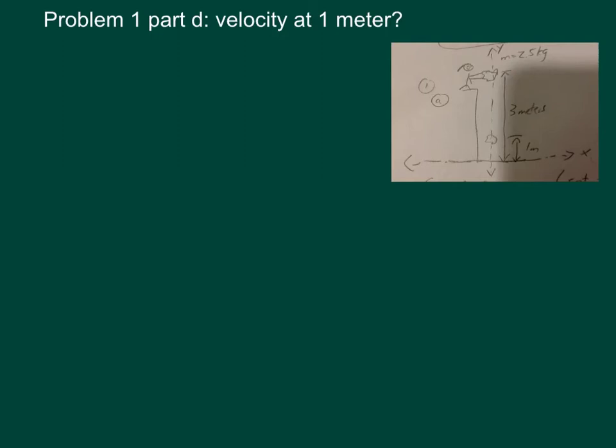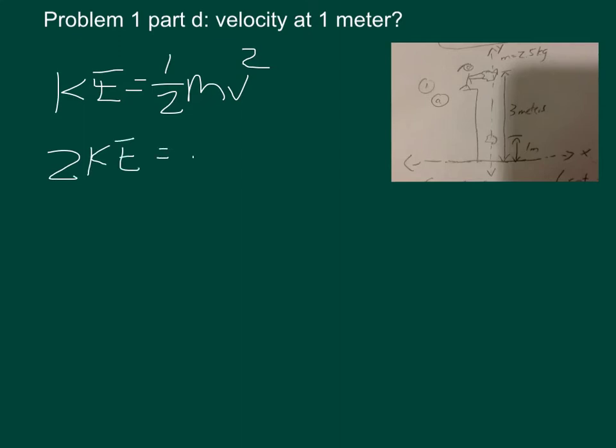All right, on to part D. Now we want to know the speed or the velocity of the rock at the 1 meter point. Well, we know the kinetic energy, and it's equal to 1/2 mv squared. That's the equation we looked at last week. So let's solve that for velocity. If I multiply both sides by 2, I get 2 times the kinetic energy equals the mass times the speed of the object squared.